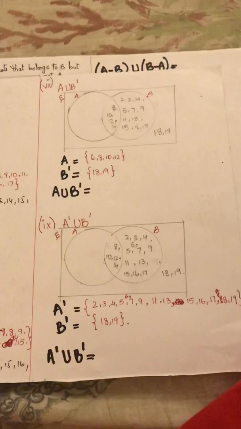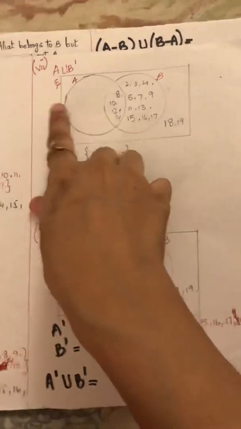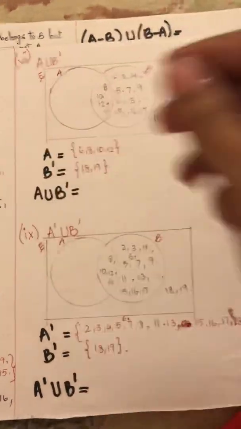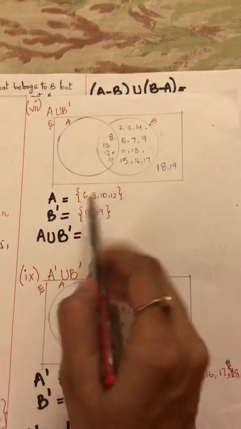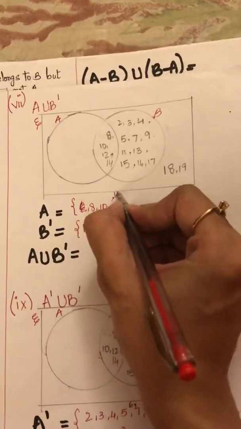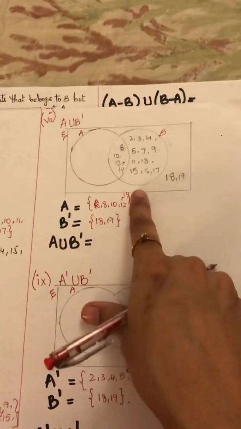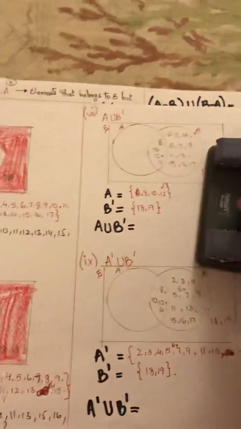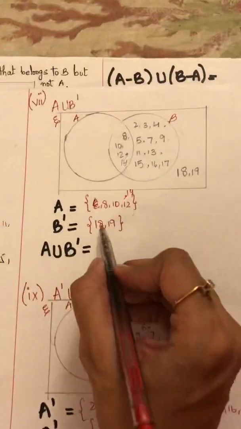Now let's move on to part 7. Part 7 says A union B complement, right? So let's write down what is A. A is 8, 10, 12 and 14, and B complement, as we have already found out, is 18 and 19 from our earlier parts.